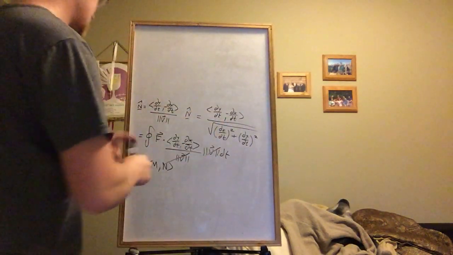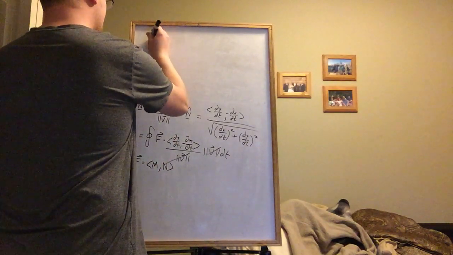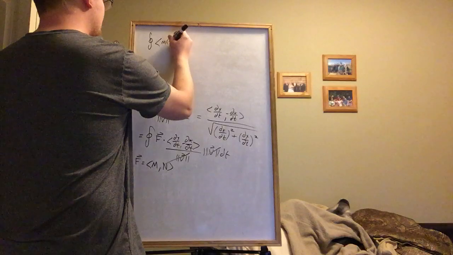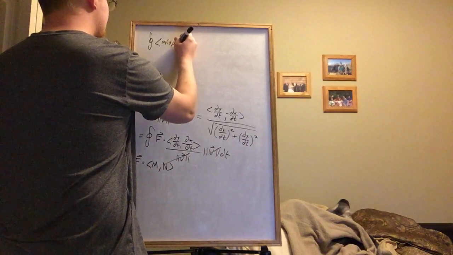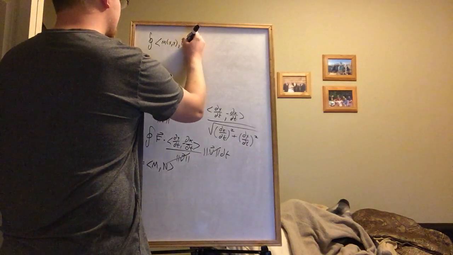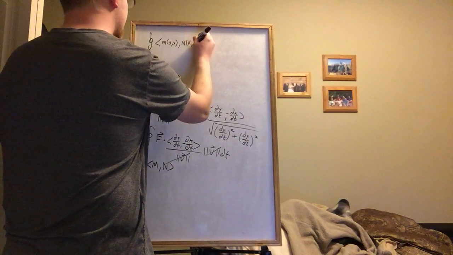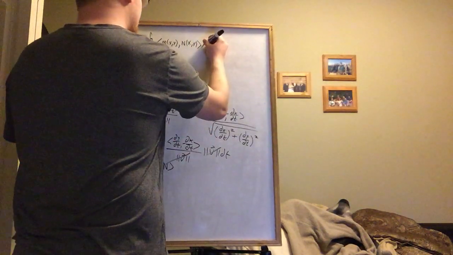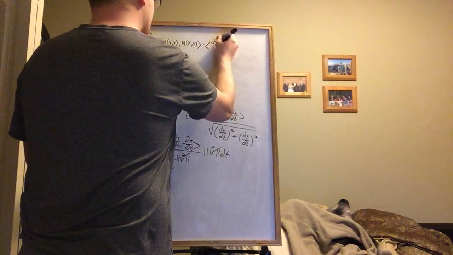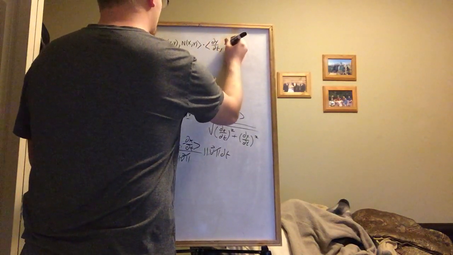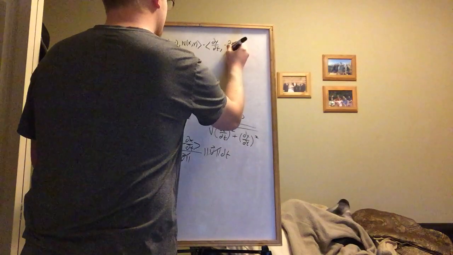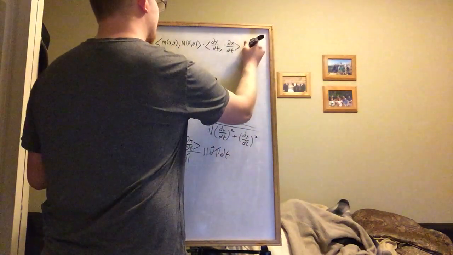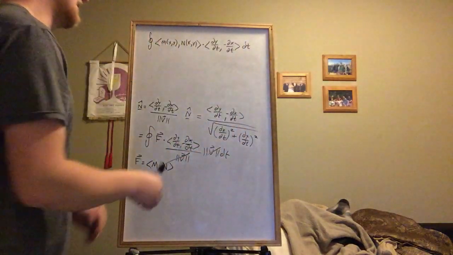So I'll write it again. We have now F, which we've written in terms of M, which could be a function of x and y, times N, which is a function of x and y, dotted with dy/dt, comma, negative dx/dt, which is our normal direction, and then all integrated by dt.